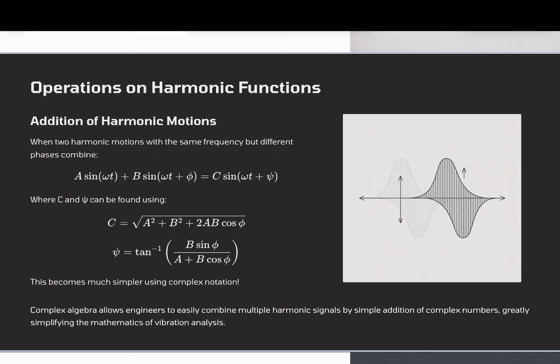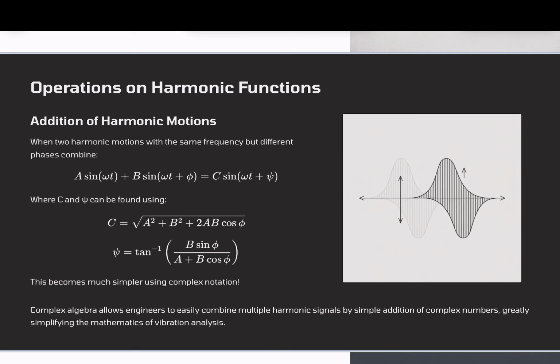But to simplify dealing with this equation, we can define the new amplitude and this the new phase angle. Okay, mathematically we can calculate them like this. We convert this to this and this.